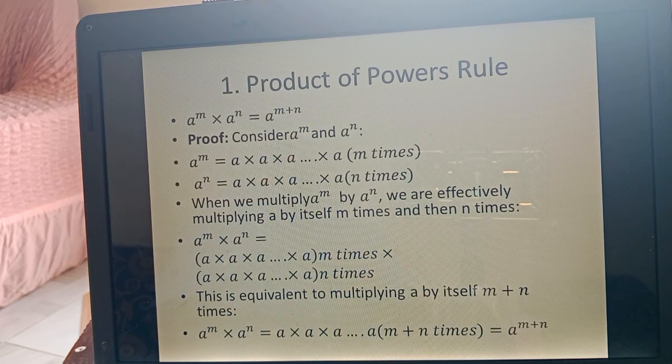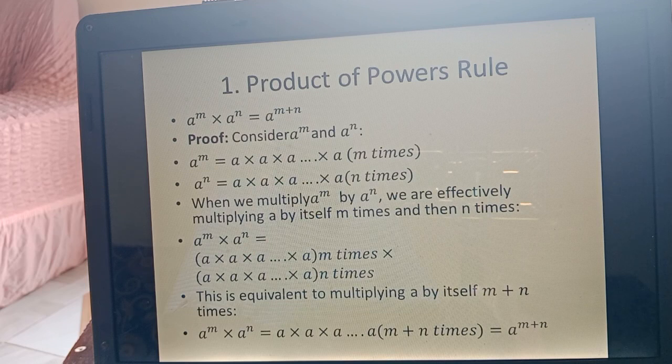So, in a similar manner, a raised to m times a raised to n is equal to a times a times a times a, m times, times a times a times a times a, n times. This is equivalent to multiplying a by itself m plus n times. Okay?